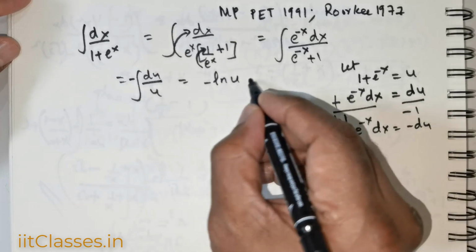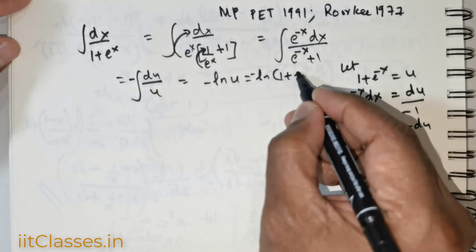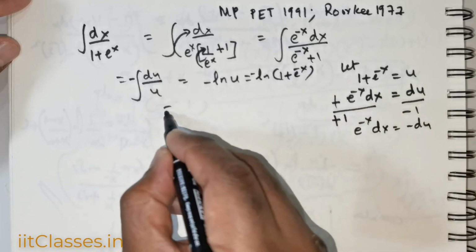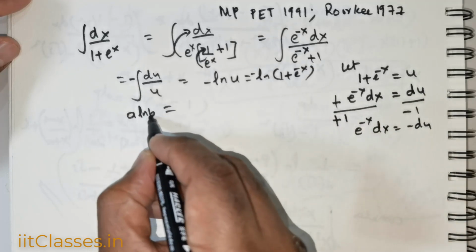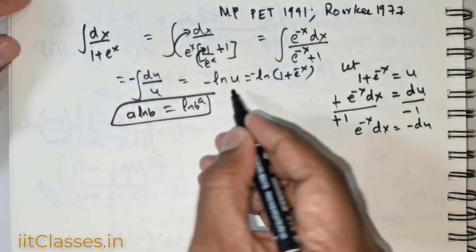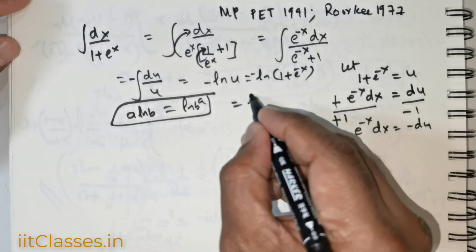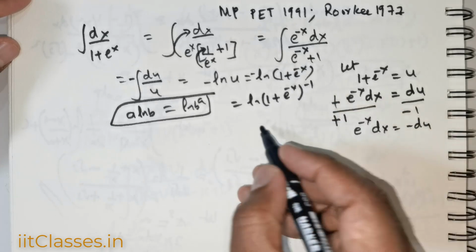Of course, our u is taken as 1 plus e raised to the power of negative x. Now I'm going to utilize this formula: I know that a times ln b can be rewritten as ln b raised to the power of a. So you can write this as ln of 1 plus e raised to the power of negative x, raised to the power of negative 1.